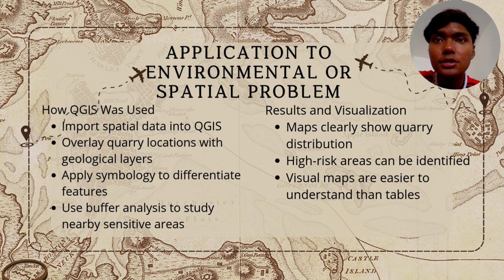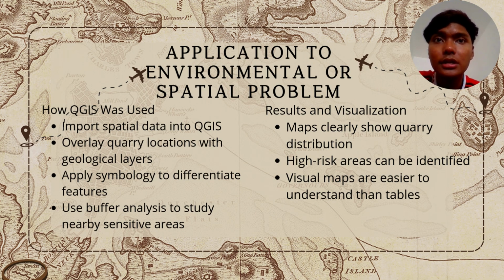So, how was QGIS used? QGIS was used to import spatial data. QGIS was also used to overlay quarry locations with geological layers. Then it will apply symbology to differentiate features, and then QGIS will use buffer analysis to study nearby sensitive areas.